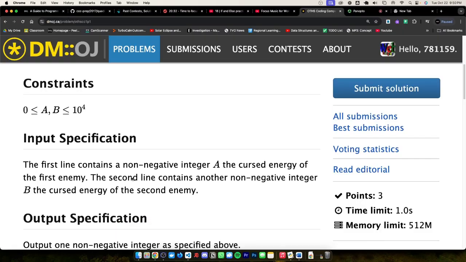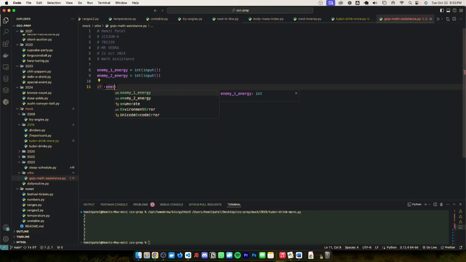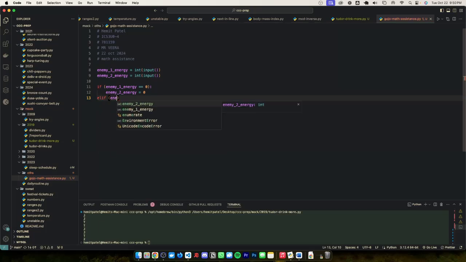Now what we will do is we will check if one of these energy levels is 0. So we can say if enemy 1 equals 0, then enemy 2 will become 0 as well. Otherwise, we have to use elif instead of else in this case, because if we put else, then we're assuming that the only other scenario is that enemy 2 energy is 0, which is not true, right?